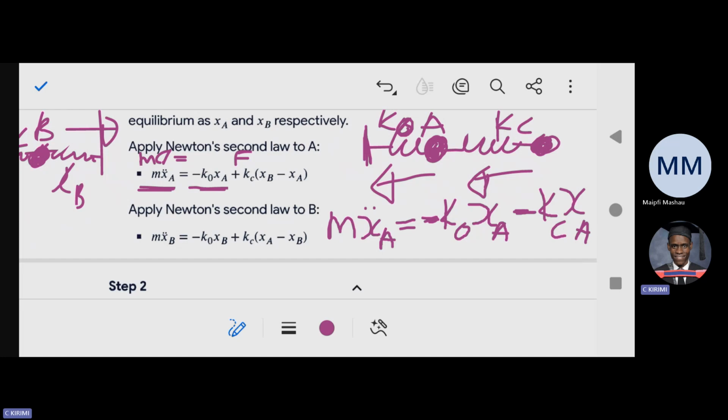So the mass which I'm going to introduce, it's mass B. And I'm going to compress it not with an XB, XA, but it's going to go in this direction, which is opposite the other forces. That's why we are going to put a plus. What is the constant for that spring? It's KC.